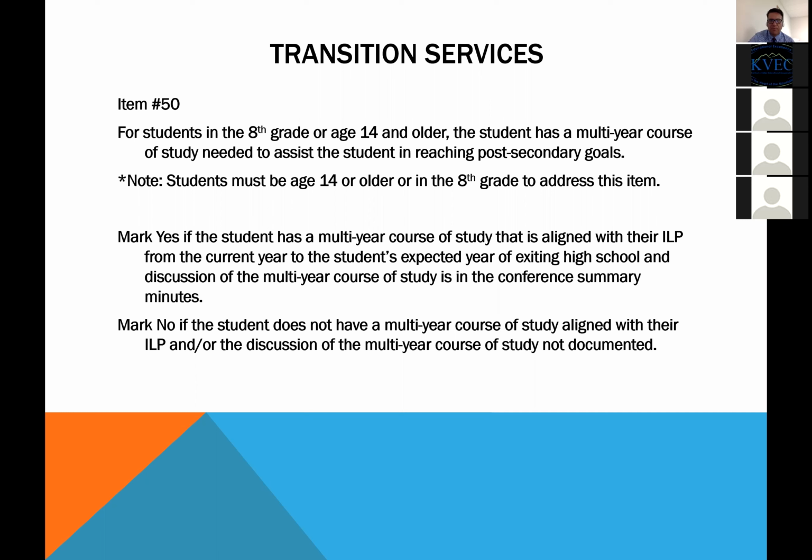If it's a 6-period day, we need to make sure we have 6 classes listed for that year. We're going to mark no if the student doesn't have that multi-year course of study. So just make sure that it's there, and that it aligns with that ILP. Make sure that the courses listed go along with whatever interests that child.